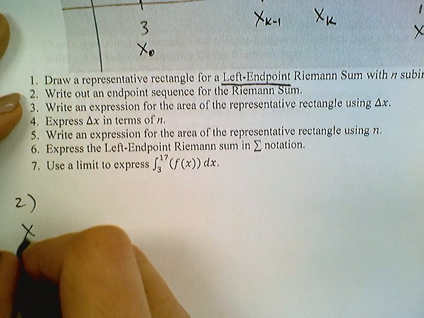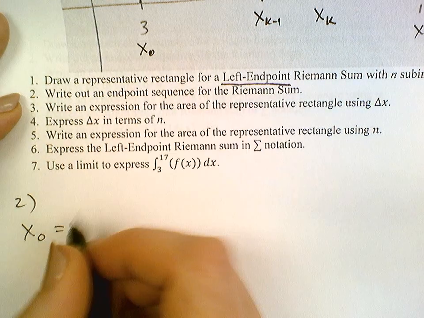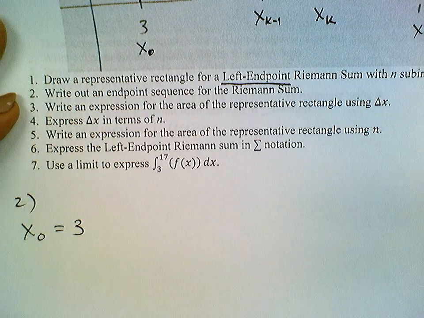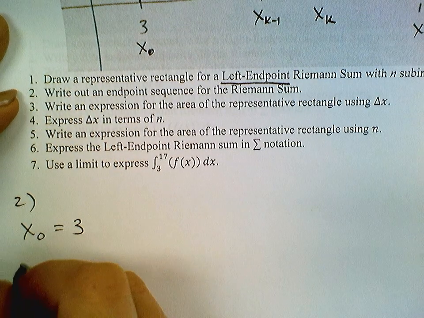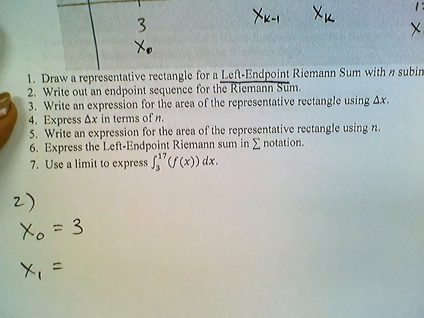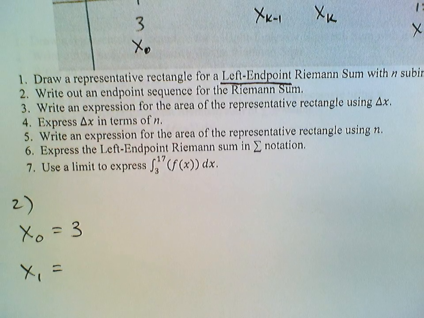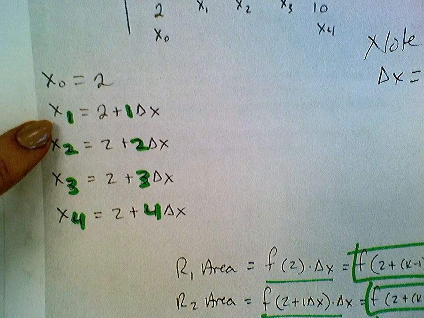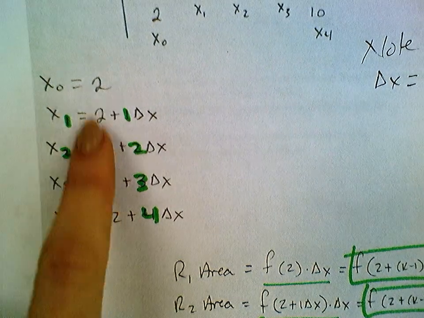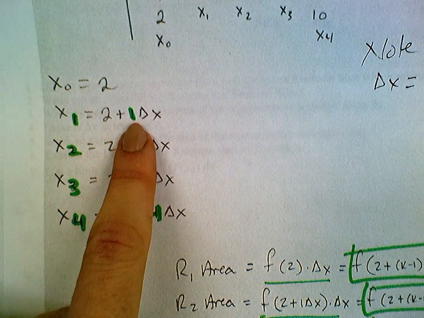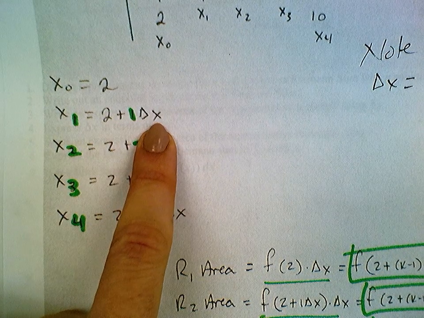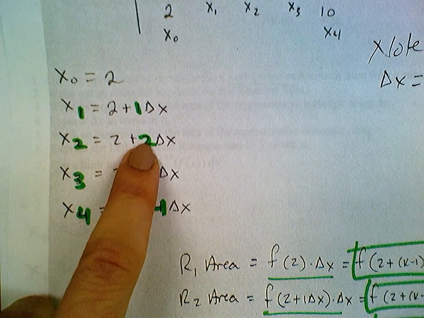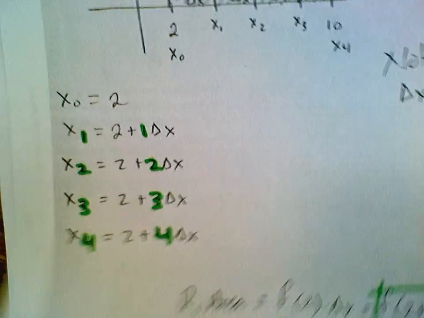So x sub 0 is always the leftmost endpoint. X sub 1, look at your previous examples. You get x sub 1 by taking the first endpoint and adding 1 change in x. X sub 2 by adding 2 changes in x. X sub 3 by 3 changes of x.